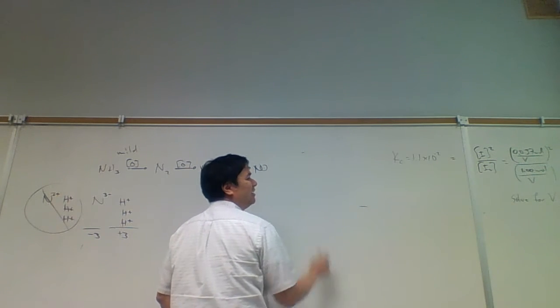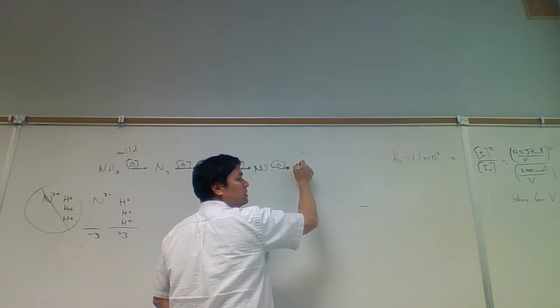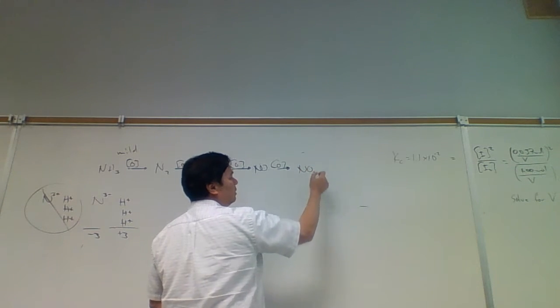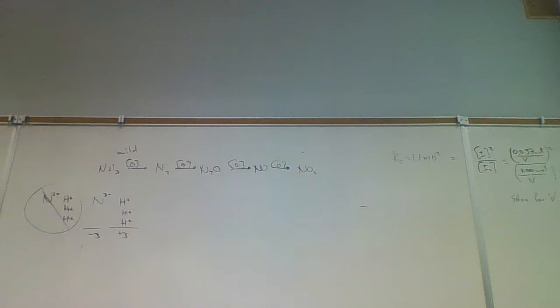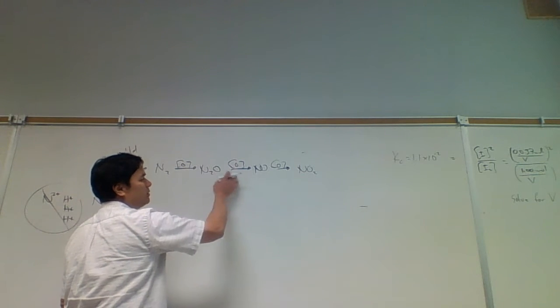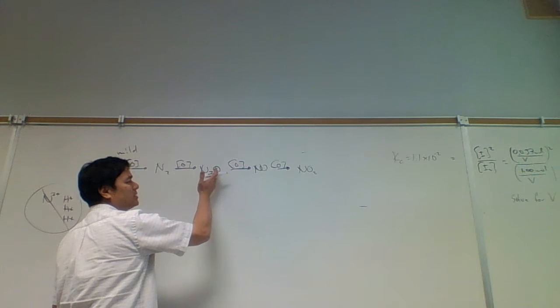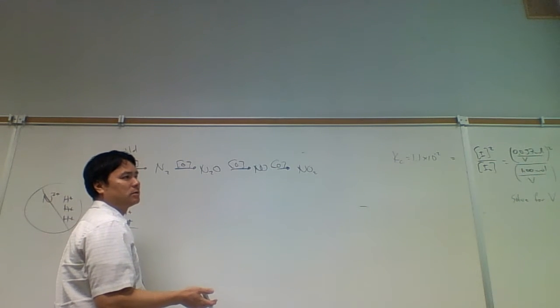And then we can go to NO2, which is +4. We see this happen with elements like nitrogen, like carbon, etc. Which one of these forms? Well, it depends on the conditions. It might stop here, it might stop here, or you might get a mix of products.